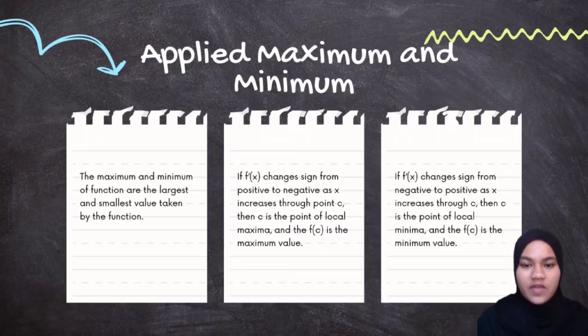First, if f'(x) changes sign from positive to negative as x increases through point c, then point c is the point of local maximum and f(c) is the maximum value. Second, if f'(x) changes sign from negative to positive as x increases through point c, then c is the point of local minimum and f(c) is the minimum value.